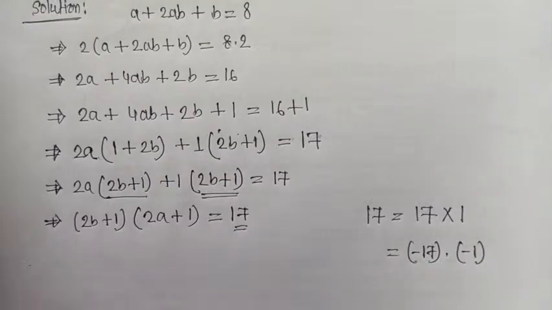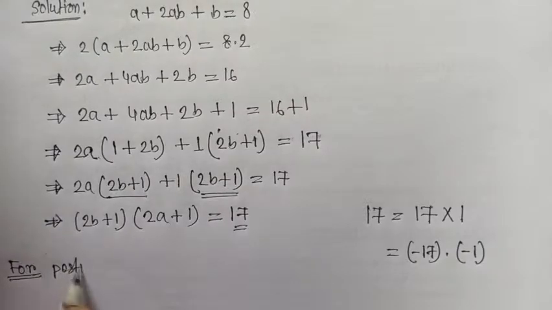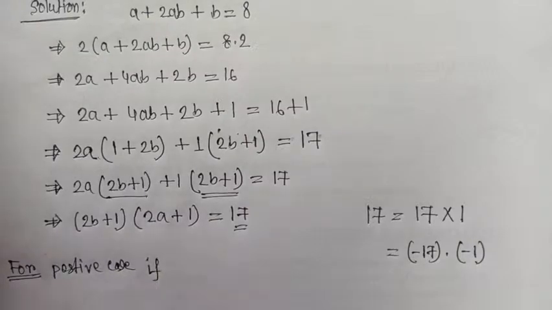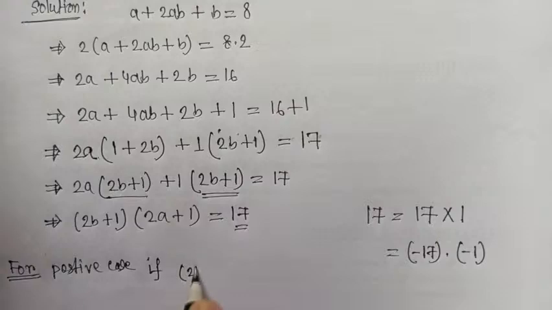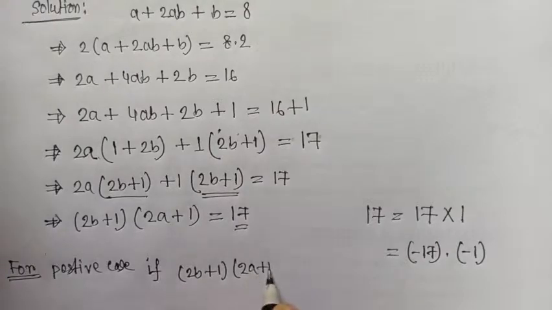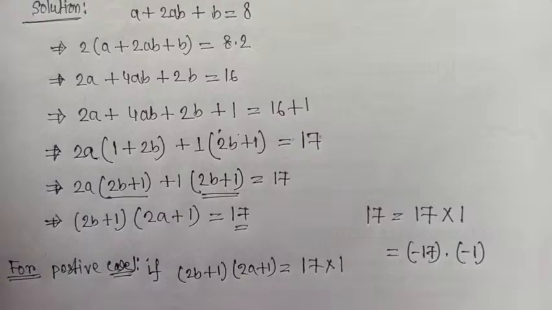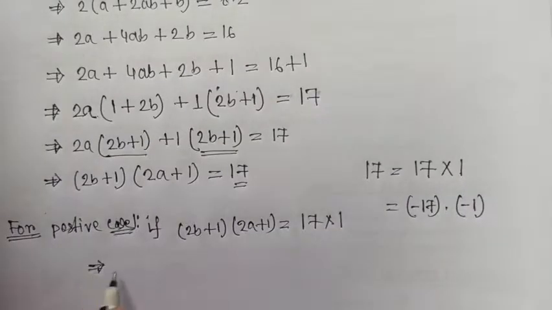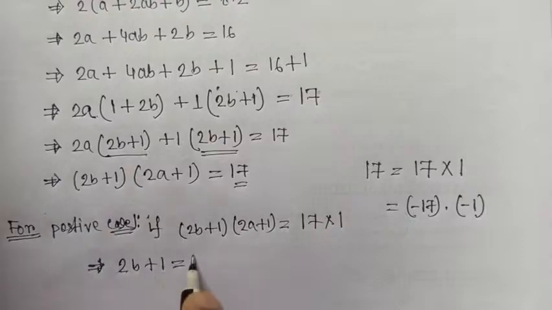So for the positive case, if 2a plus 1 is equal to 17 into 1, then we consider 2b plus 1 is equal to 17.